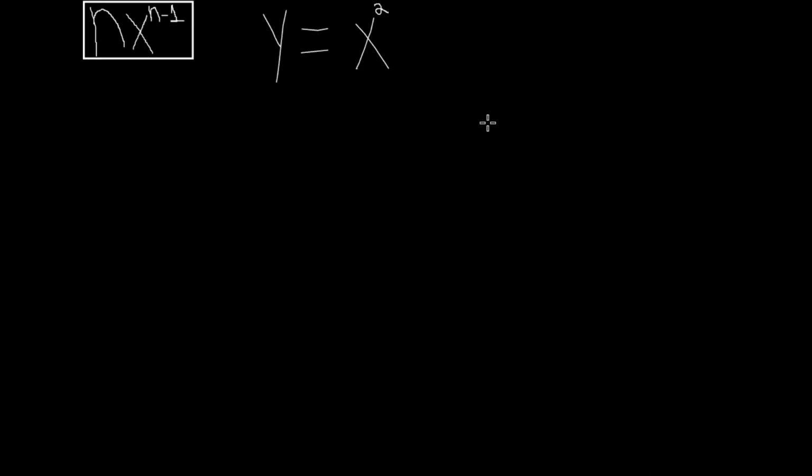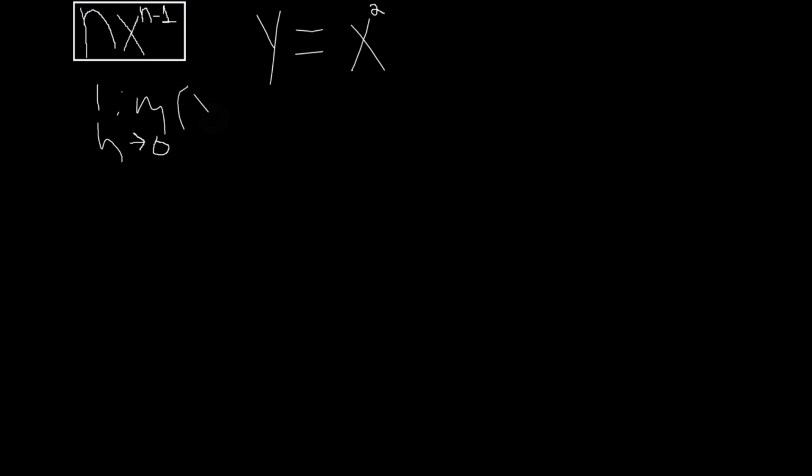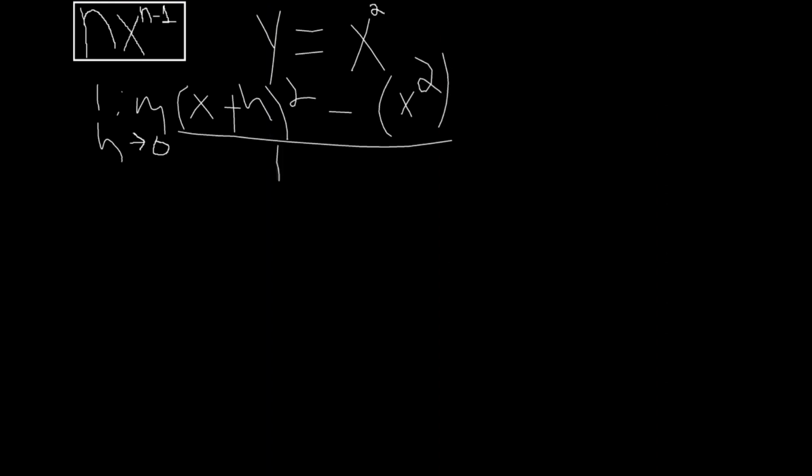All right, let's take a look at how power rule helps us in this simple problem. We have y equals x squared, right? Let me show you what this would look like using limit definition. We'd have (x plus h) squared minus x squared, all over h.